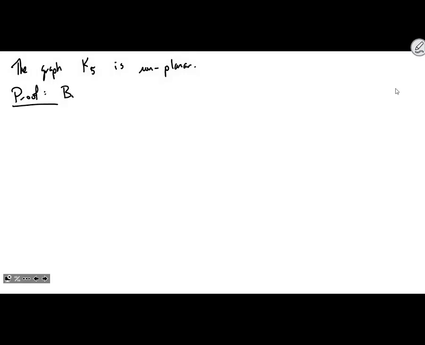And we're going to do it by contradiction. So, how do we do proof by contradiction? We suppose the contrary. We first suppose K5 is planar. Now we're going to show, hopefully, that this is going to lead to an absurdity and it's going to be a contradiction. So suppose K5 is planar.